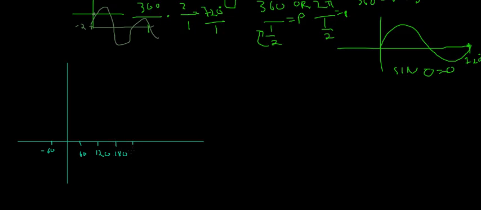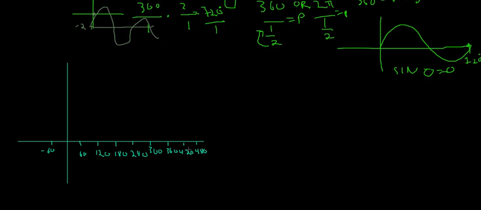What's next? 180 plus 60 is 240, 300, 360, then 420, and then 480.